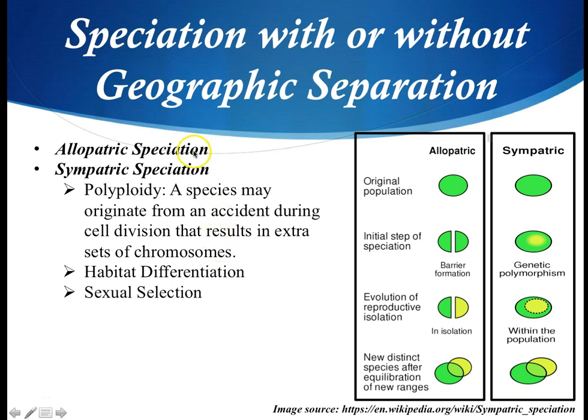Allopatric is due to geographic isolation, so they live in different places, but for sympatric speciation, the formation of new species happens in the same area. And sympatric speciation could be occurring with polyploidy, habitat differentiation, and sexual selection. So yeah, so far this is what I have for the speciation chapter.